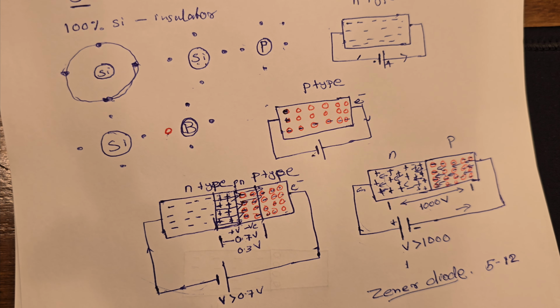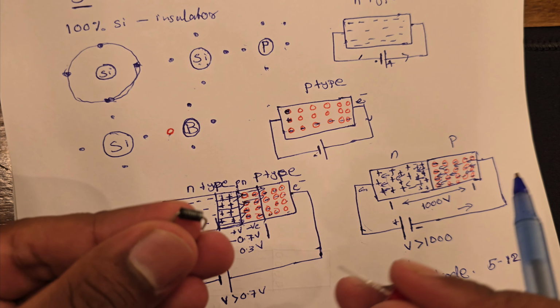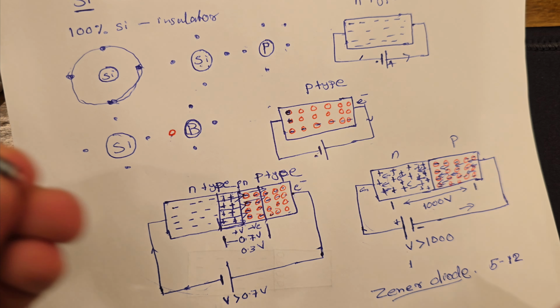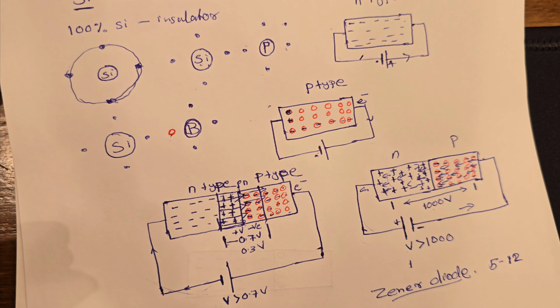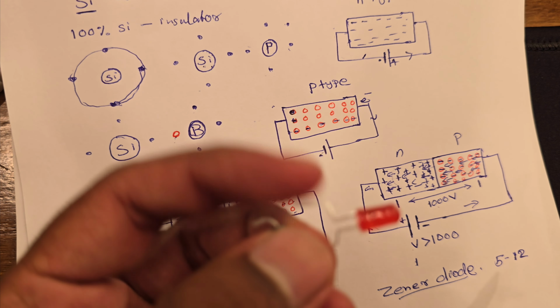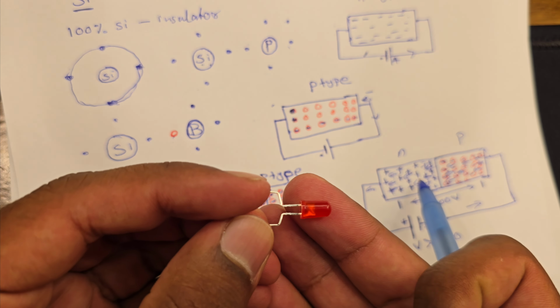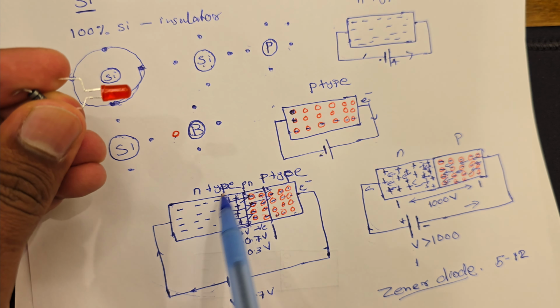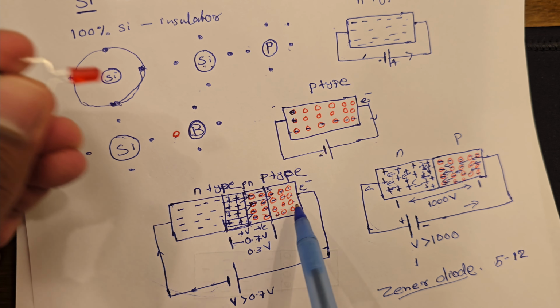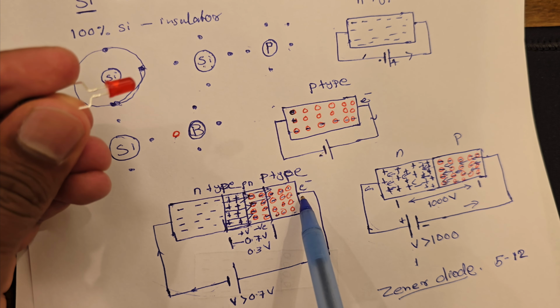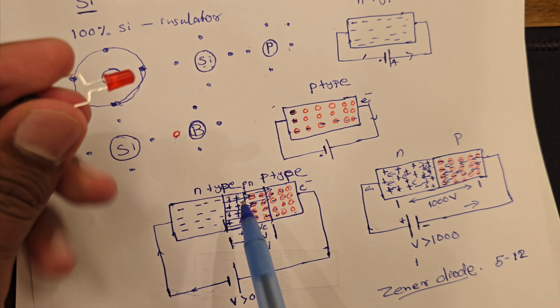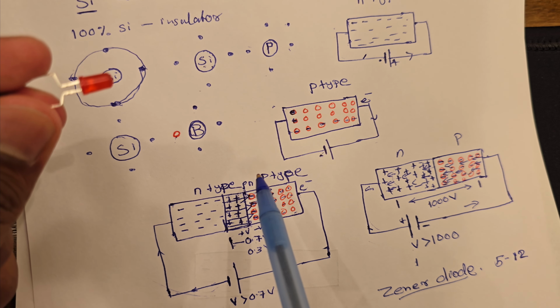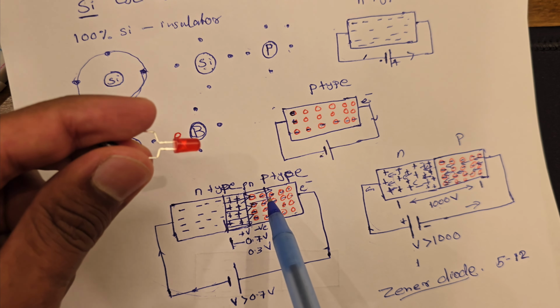So the whole point of using a diode is to flow the current in one direction and prevent the flow of current in the opposite direction. And there are so many applications for diodes. Even the LED, I have an LED here. This is a diode. When we talk about a silicon diode like that, whenever the current flows through the diode, some energy dissipates as heat.